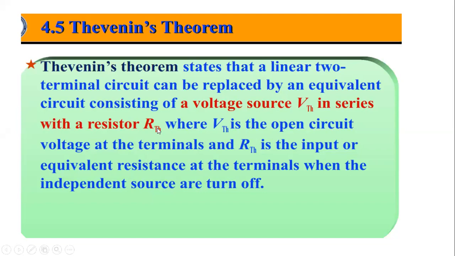So we have been talking about Thevenin theorem. First, we will talk about Thevenin theorem. I have already told you that we go for theorems so that the circuit can be simplified.